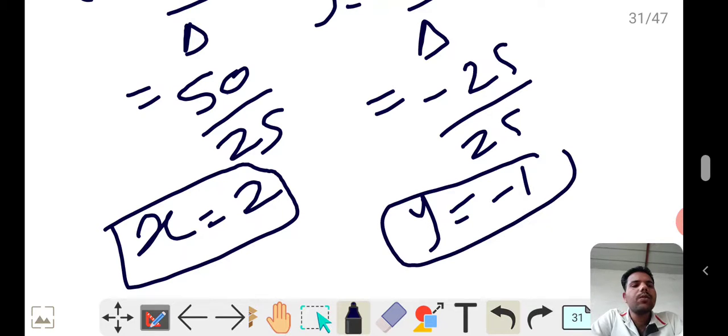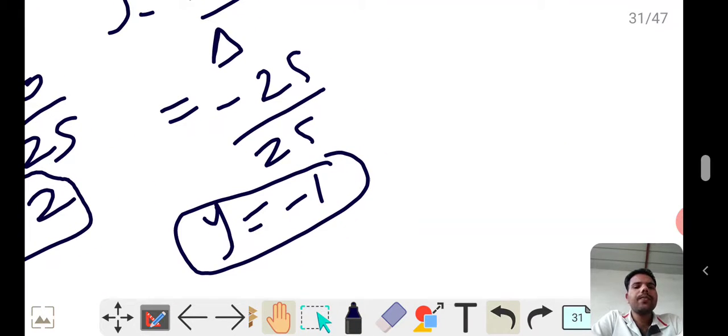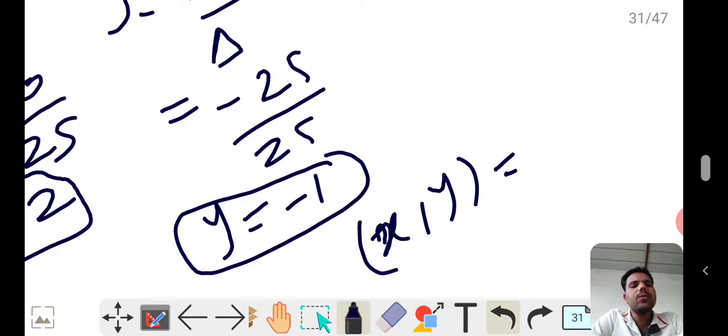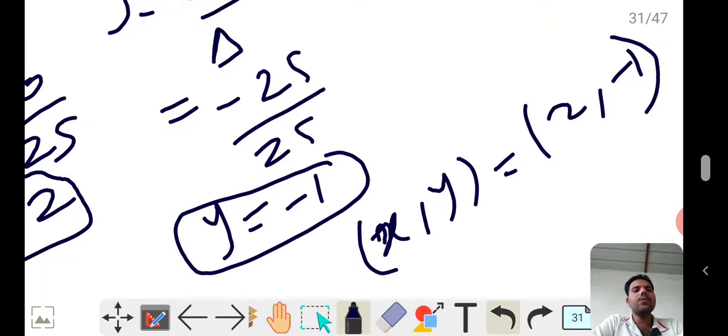So this is our final solution. We can write our final solution as x comma y is equal to 2 comma minus 1. So this is the final solution for the given simultaneous linear equations by Cramer's method.